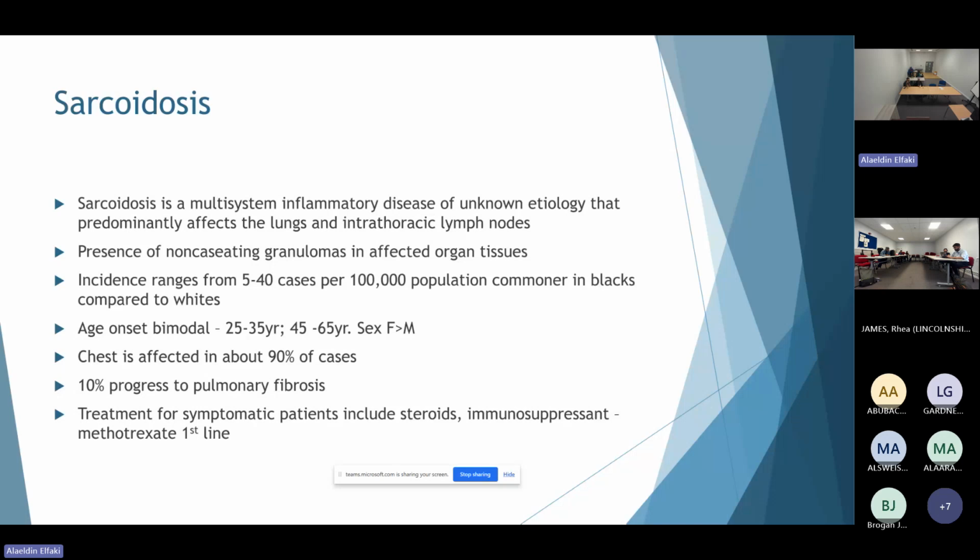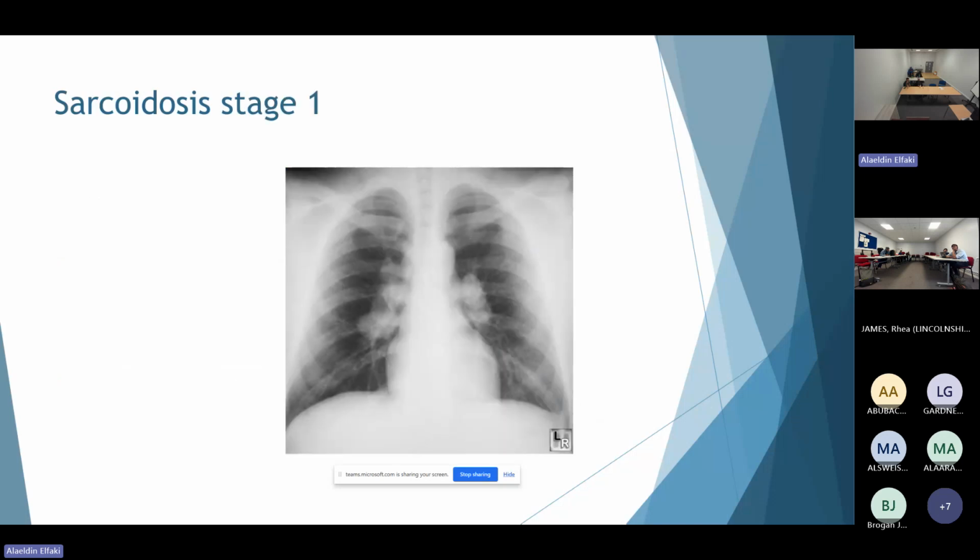About 10% of people with sarcoidosis may develop lung fibrosis. Treatment is supportive if it is stage 1 or stage 2, probably. Immunosuppressant might be needed for stage 3 and 4, and the first line is methotrexate in addition to steroid.